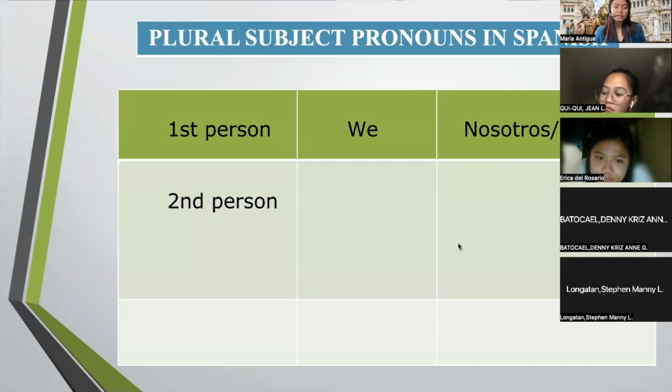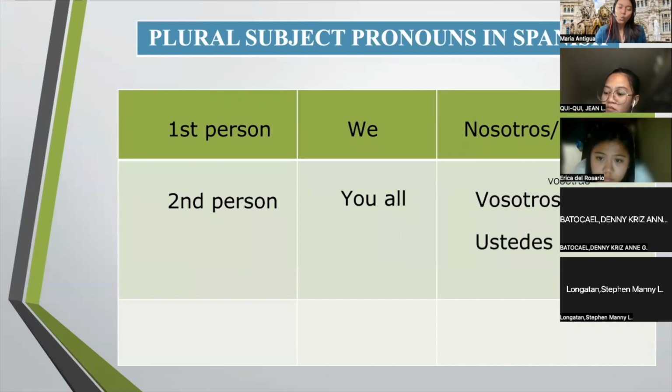Okay. Second person tayo, you all. That is vosotros. Also, vosotras. Okay. And ustedes. It says here Spain. Only in Spain. Okay?